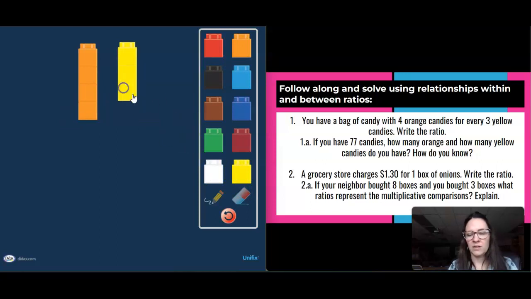Okay, if we have 77 candies, how many orange and how many yellow candies do you have? How do you know? Pause the video and think.